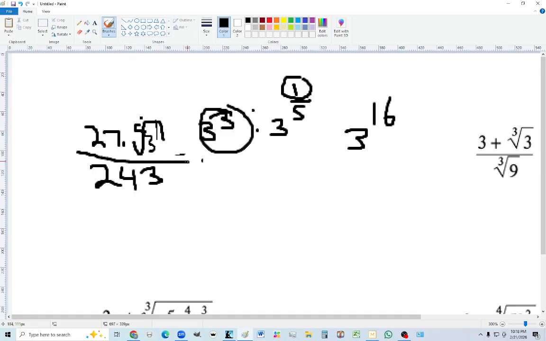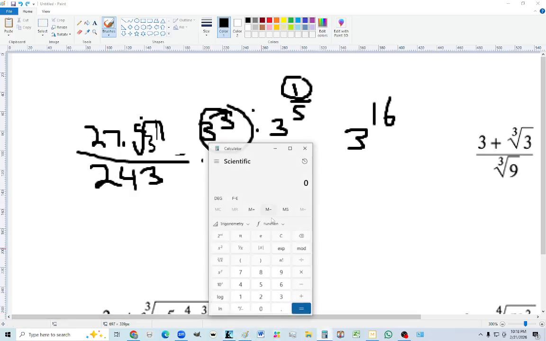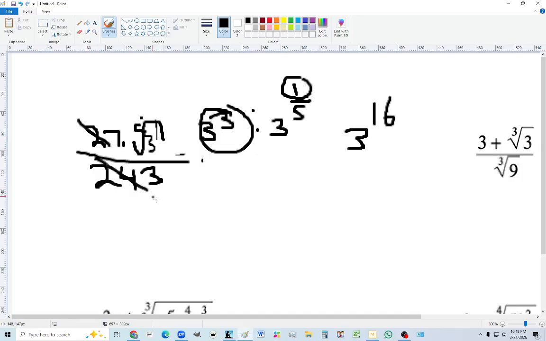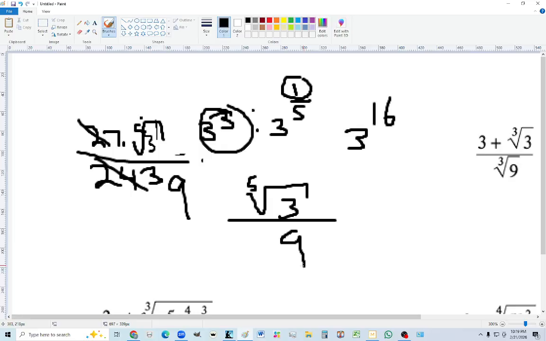The only question that remains is, can 27 be divisible into 243? Probably can be. Or some simplification of it. 9, yeah. So that means this cancels out, and this becomes a 9. So we get 5 root of 3 over 9. Pretty tricky.